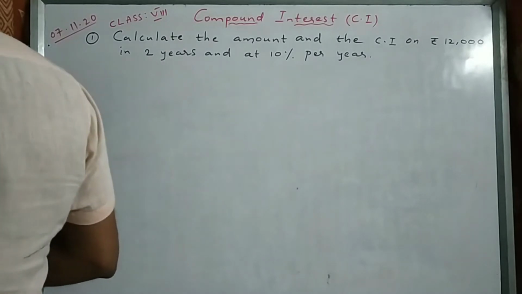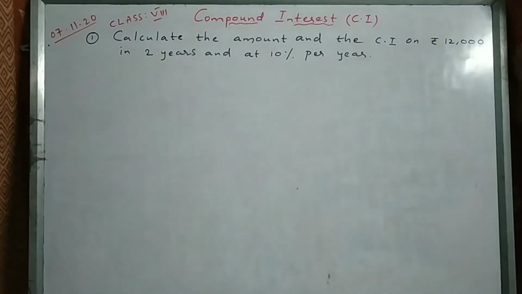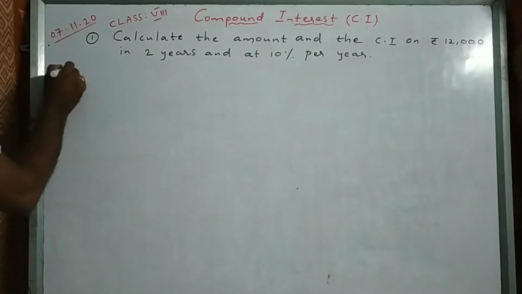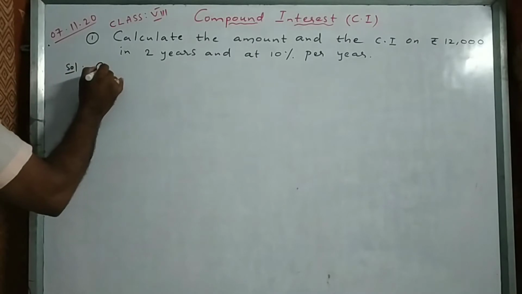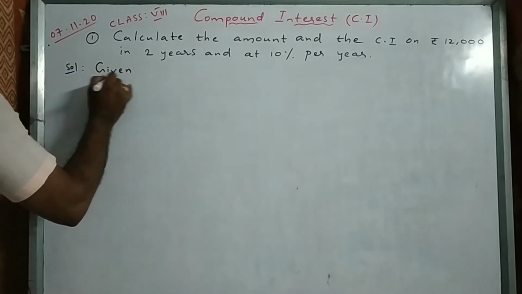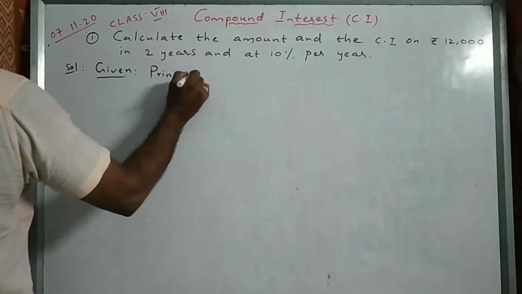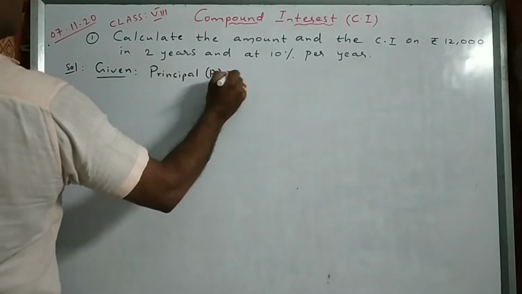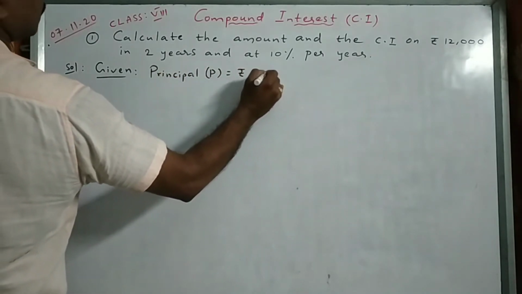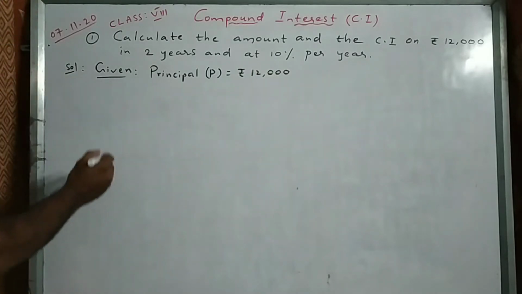Okay, let us see. Look at this question once. Calculate the amount and the compound interest. So, what is given here? Principal amount is given, rupees 12,000.